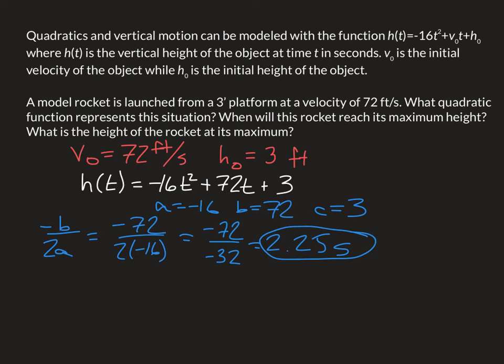And then question 3, what is that height? Well, now that we know what our t value is, we plug that in. So we're going to do h of 2.25. So we have negative 16 times 2.25 quantity squared plus 72 times 2.25 plus 3.